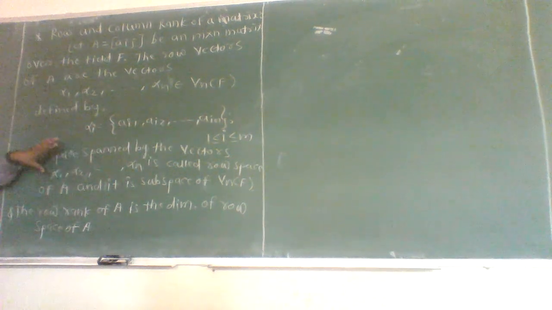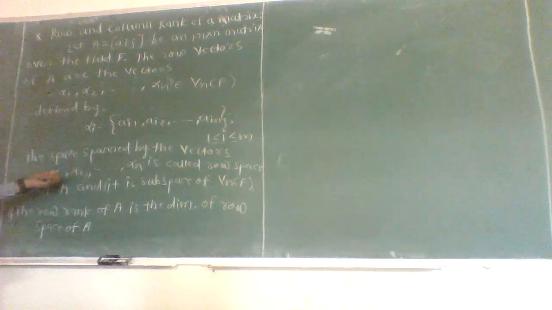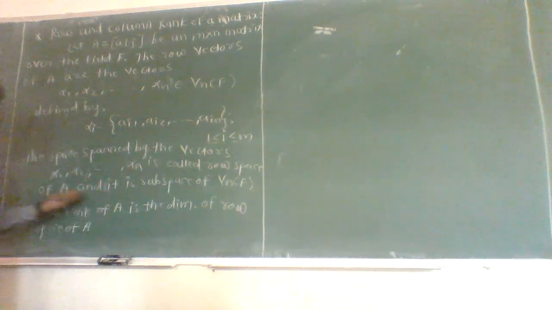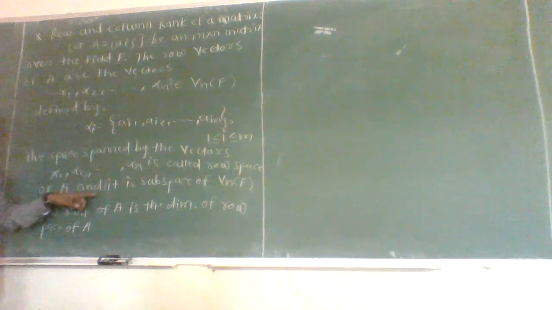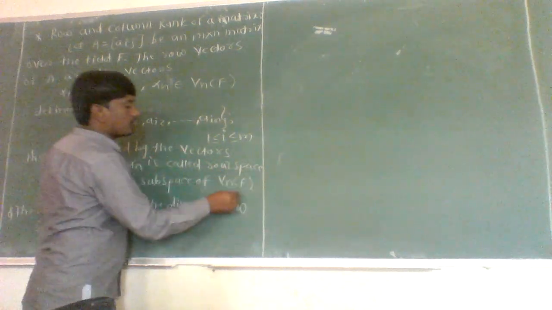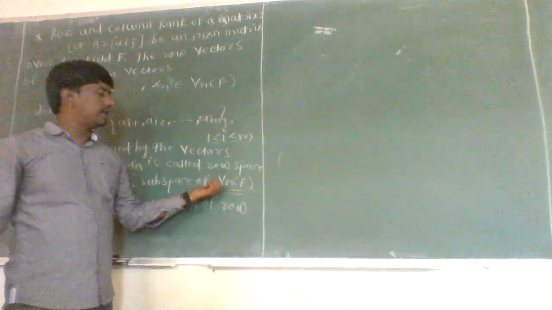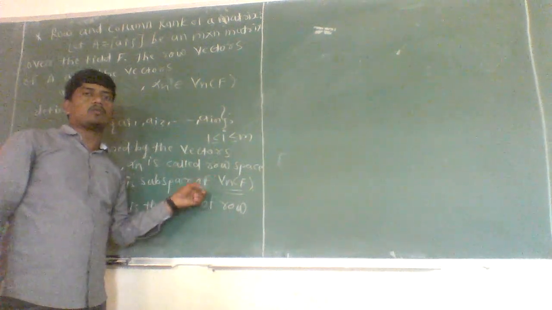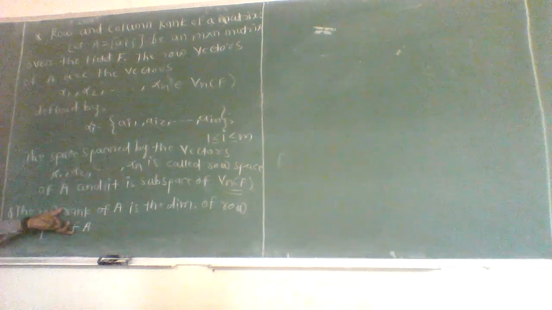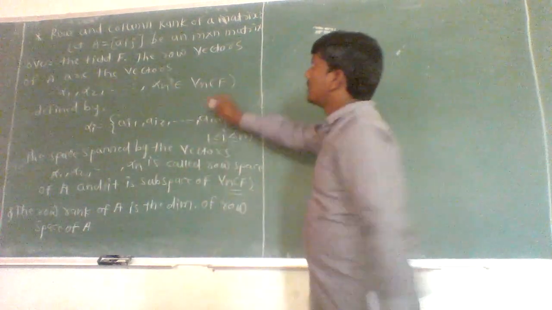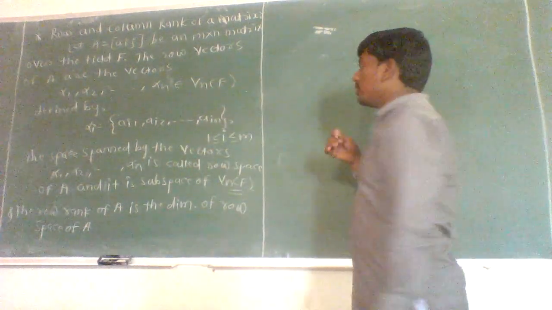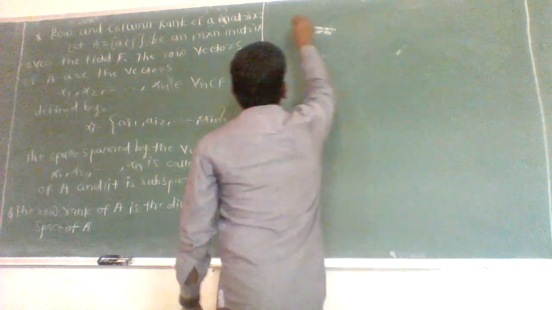The space spanned by the row vectors is called the row space of A, and it is a subspace of the vector space Vn over F. Actually, there is a linear transformation from Vn over F to Vm over F. The rank of matrix A is the dimension of that row space. This is the row rank of a matrix. Now we have to see what the column rank of a matrix is.